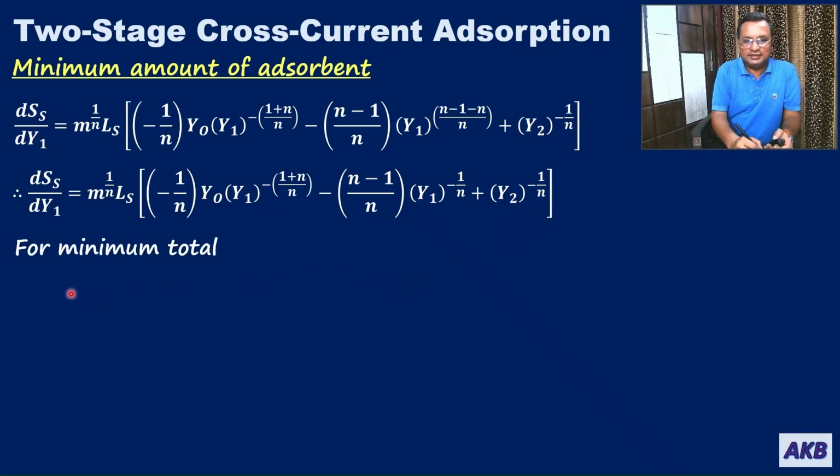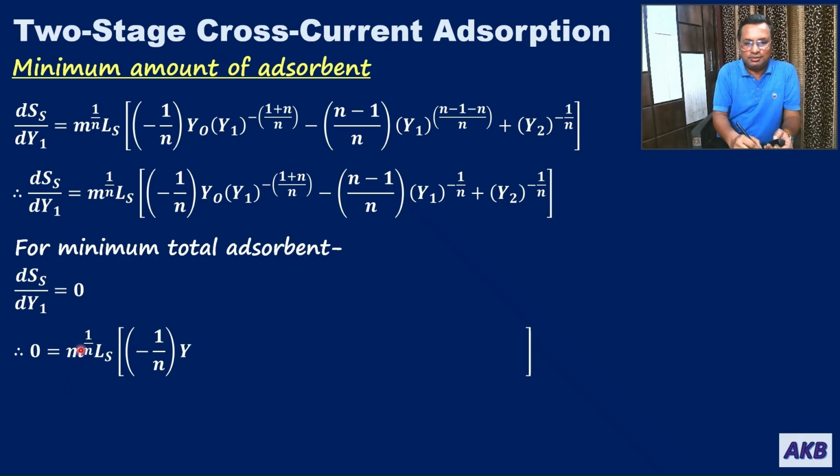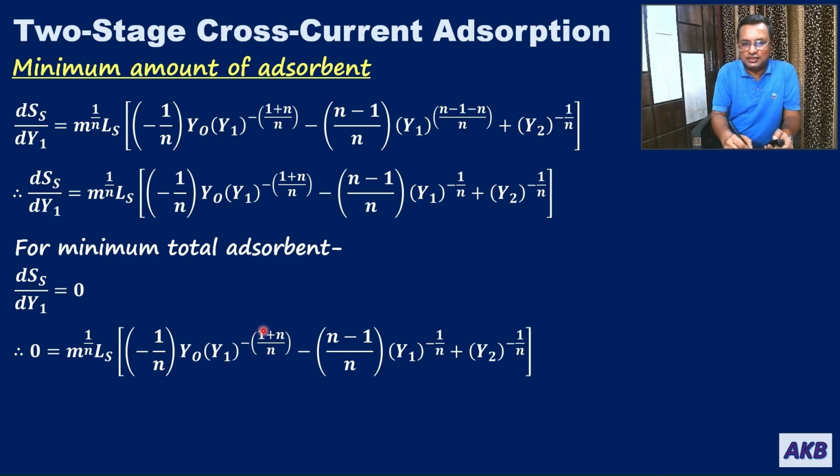Then in the next, we know that for minimum total adsorbent, the condition is dSS by dY1 is equal to 0. So let us equate this equation to 0. So it will be 0 is equal to m raised to 1 by n into Ls into minus 1 by n into capital Y0 into capital Y1 raised to minus 1 plus n by n, minus n minus 1 by n into capital Y1 raised to minus 1 by n, plus capital Y2 raised to minus 1 by n.